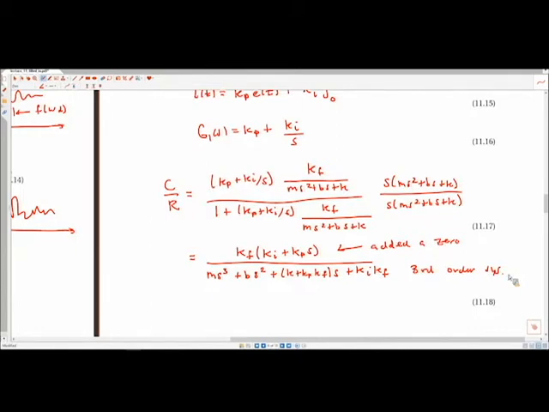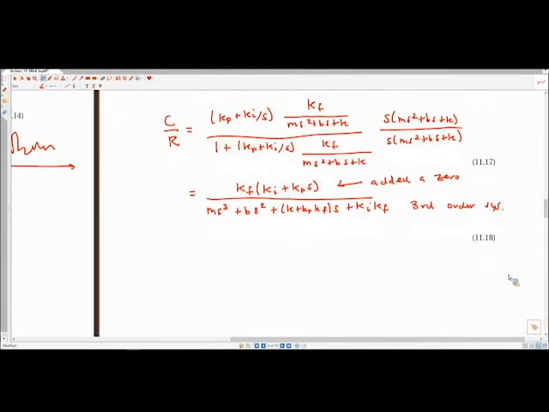Okay, so the main benefit of this is improving the steady state performance.